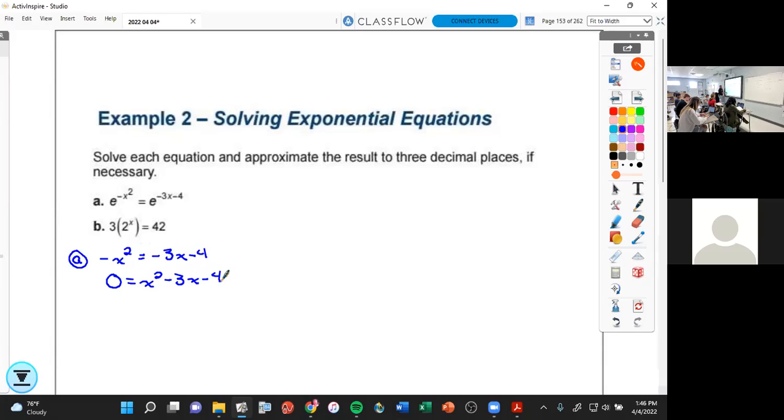That factors very easily. I'm not going to spend any time talking about it. That factors into x minus 4 times x plus 1. I've got two factors that multiply together equaling 0, which means either x minus 4 equals 0 or x plus 1 equals 0. So x equals 4, x equals -1.